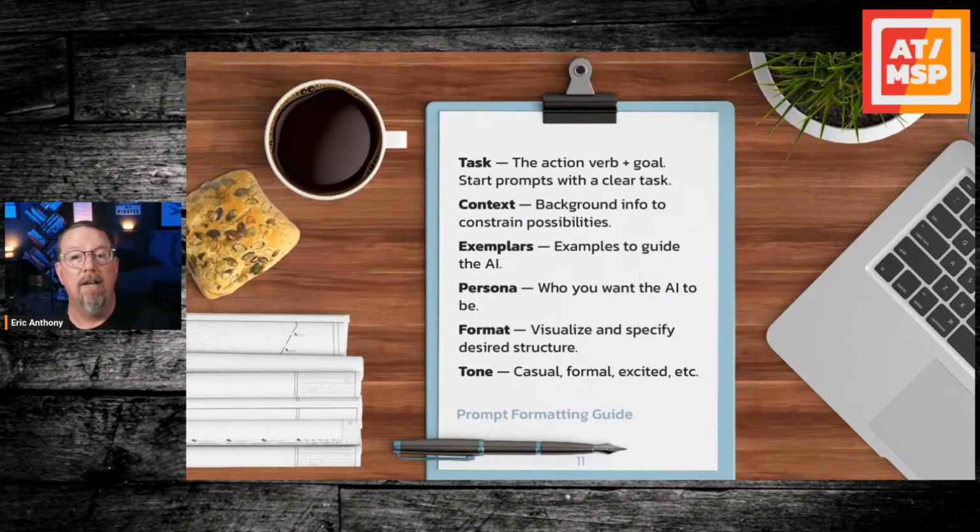Persona. A lot of times it helps to tell the AI who you want it to be. Frequently when I'm generating titles and some things, I use AI to help me generate some descriptions and stuff like that. When I do that, I tell the AI, okay, you are a social media marketing manager with 10 years experience.